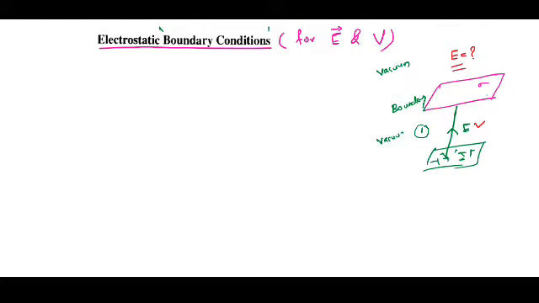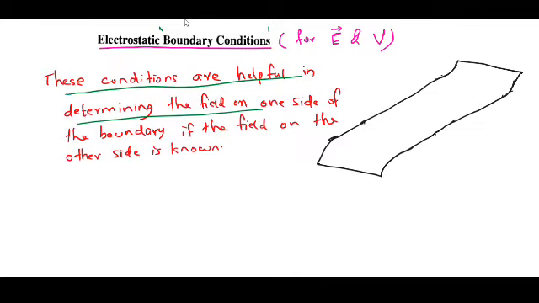That is, shortly we can say the boundary conditions are helpful in determining the field on one side of the boundary if the field on the other side is known. Fine, let me note down.